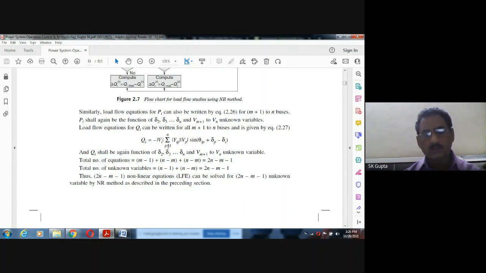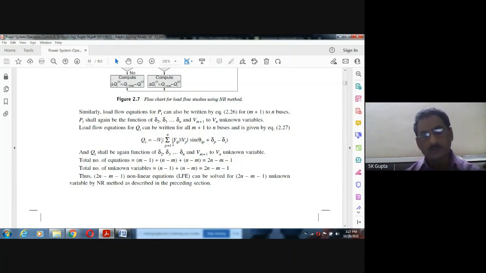If it is a 30 bus system, 30 terms will be here. So Qm plus 1, Qm plus 2, Qm plus 3 up to Qn: n minus m plus 1 number of such buses will be there.